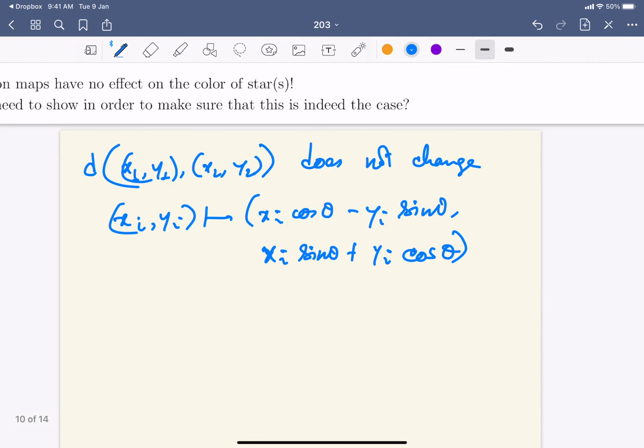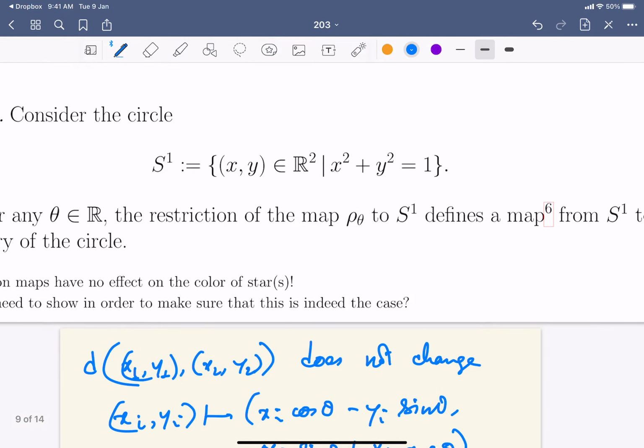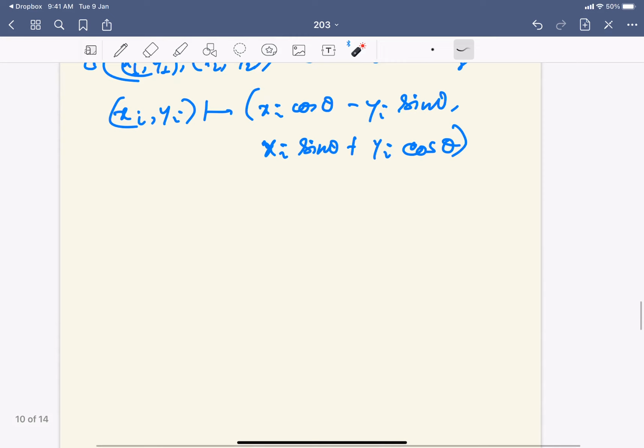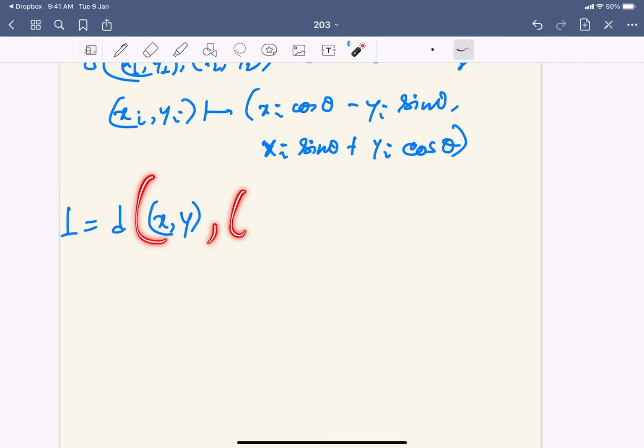Now the question is, what do you mean by a circle? The circle consists of all points x y inside R2 that have distance equal to 1 from the origin.